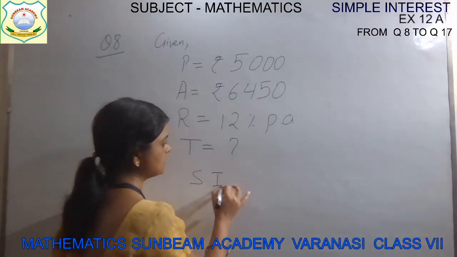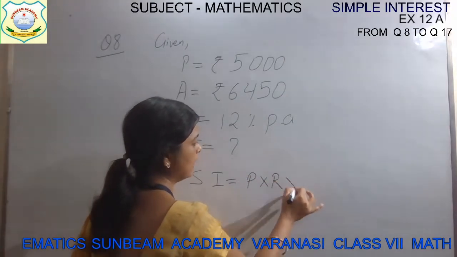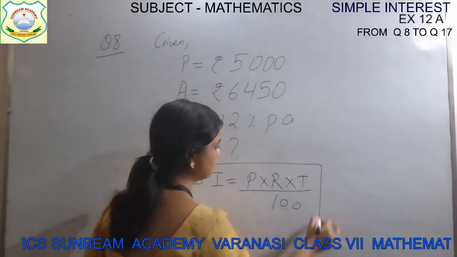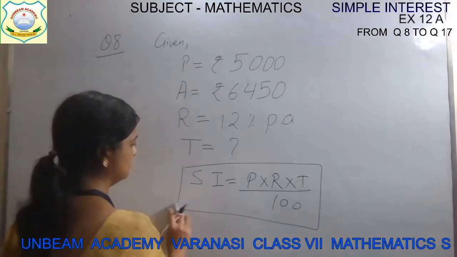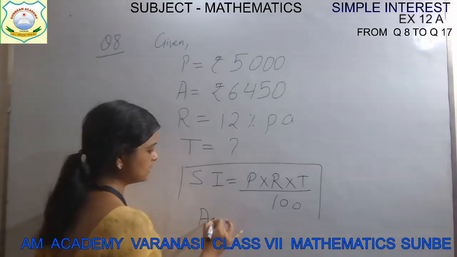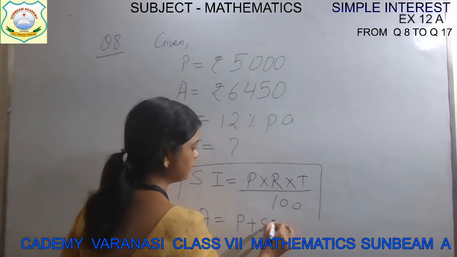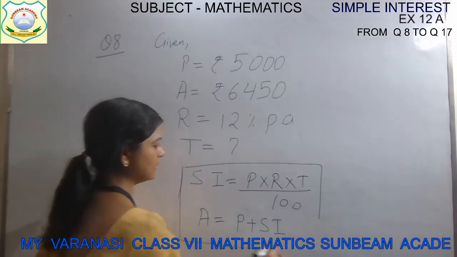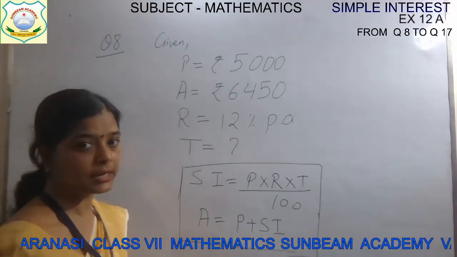That is SI, simple interest, is equal to principal P into R into T upon 100. This is one formula. And one more formula we have learned is amount is equal to P plus SI. These two formulas we have learned in this chapter.